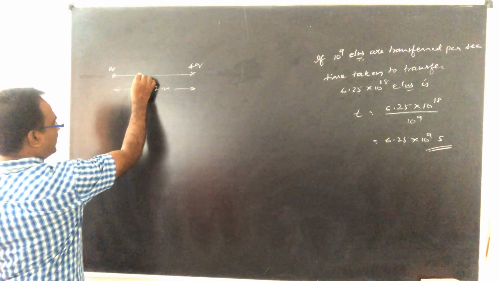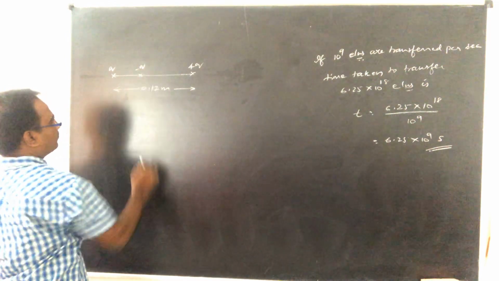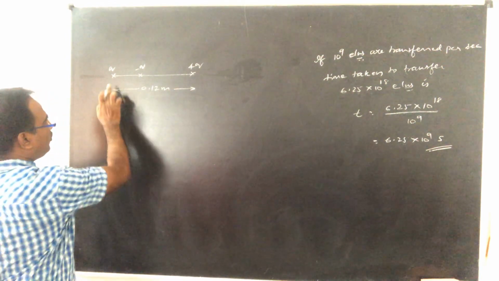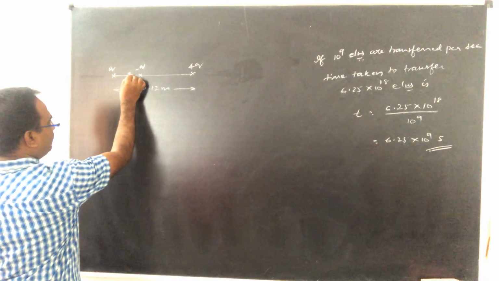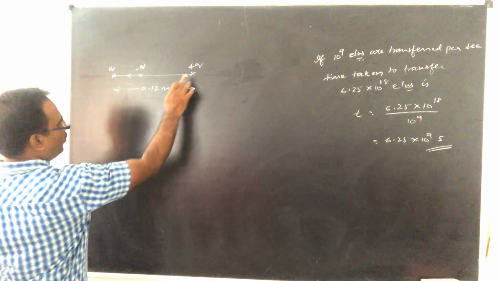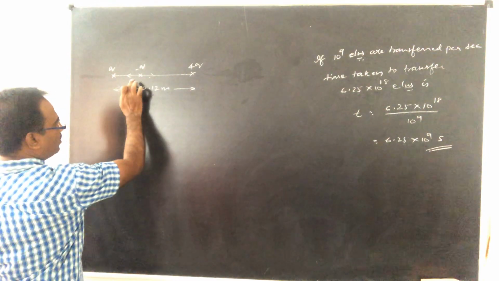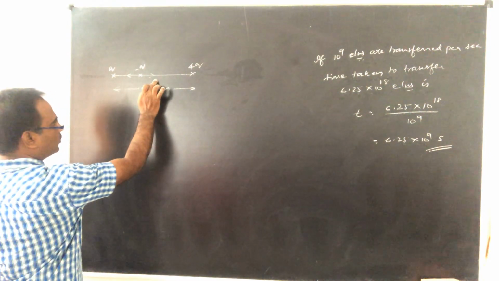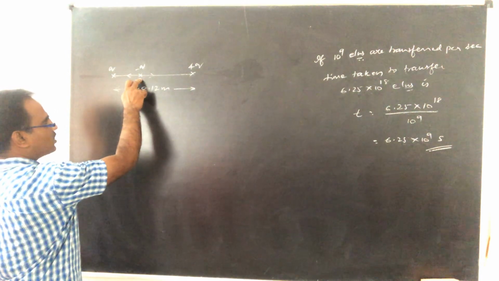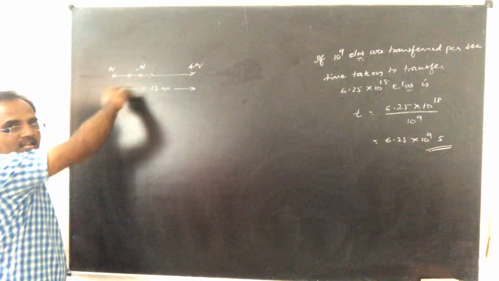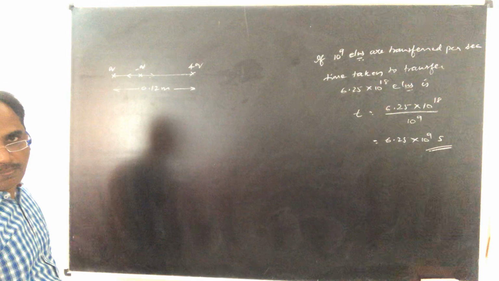If I place this minus q somewhere here, due to this positive charge the force will be this side, and due to this positive charge the force will be this side. When these two forces become equal and opposite, then the resultant force on this minus q can become 0, so that it can be in equilibrium.